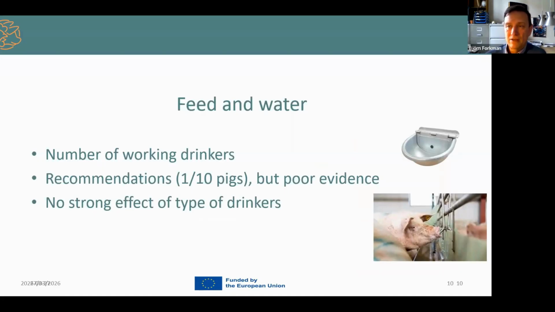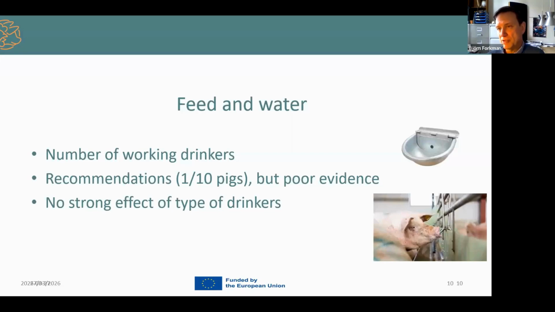So if you look at the RSPCA from the UK, their recommendation is 10 pigs per drinker. For Welfare Quality, it's also 10 pigs per drinker. But if you try to look at the scientific literature, there's actually nothing that supports this. So we don't really know how many drinkers are needed per pig, or how many pigs can go for one drinker, so to speak.